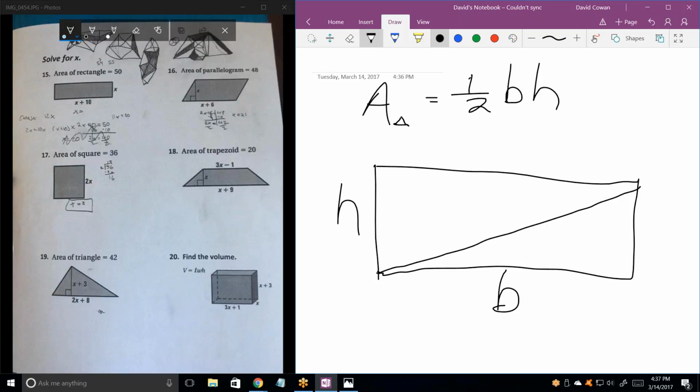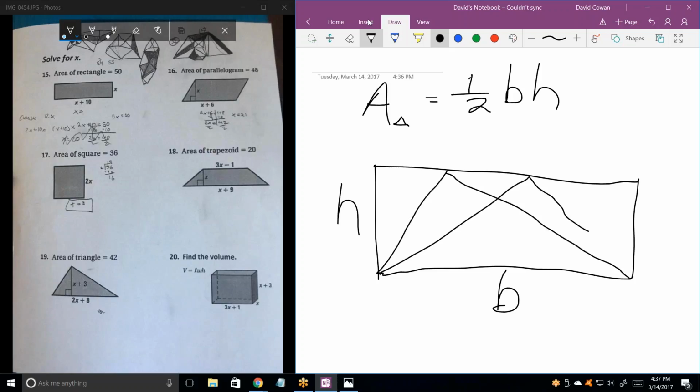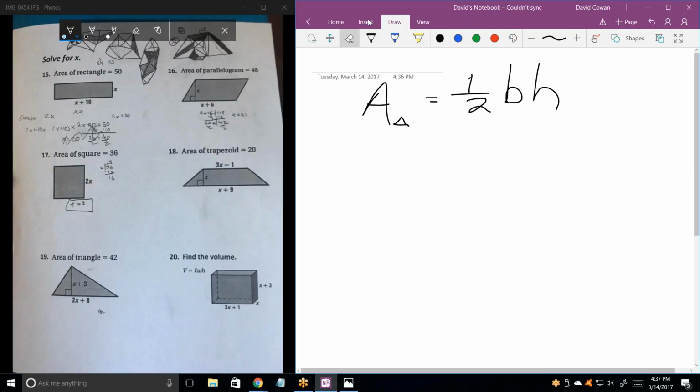So the area of this triangle has to be half of whatever the area of the rectangle is, and it doesn't matter how I put that triangle in there. I can put it in there like that. I can put it in here like this. Regardless of how I put it in there, it's exactly half of the area of the rectangle. And you know the area of the rectangle is base times height, therefore the area of the triangle's got to be half base times height.